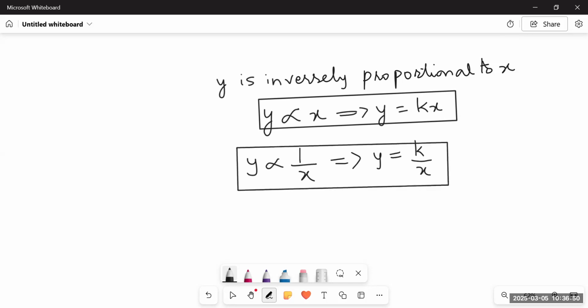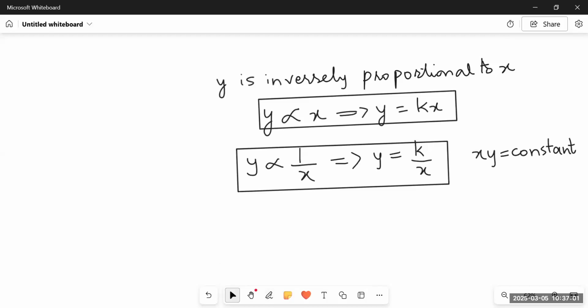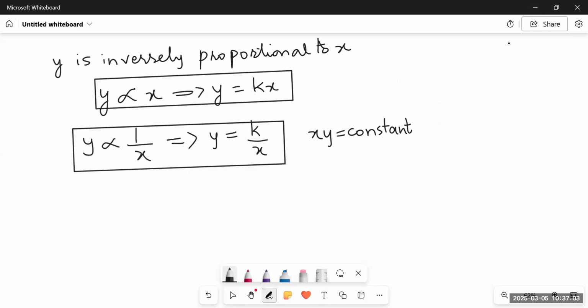So we can say that k equals yx, or we can say that xy equals a constant, because k expresses a constant number. Okay, so in this case, if it says that y is inversely proportional to x and y equals 3, x equals 4, then using this equation, y equals k upon x, we will simply substitute the values: y equals 3 and x equals 4.